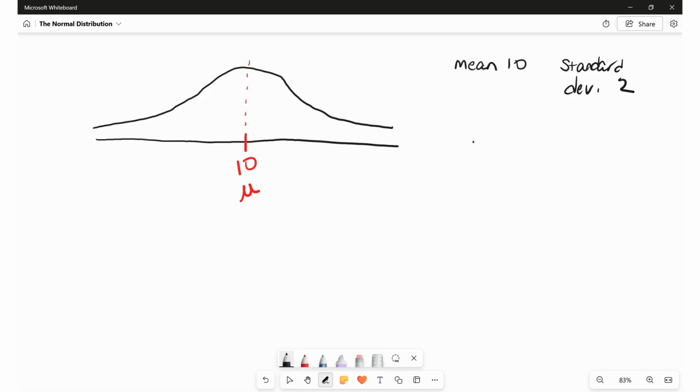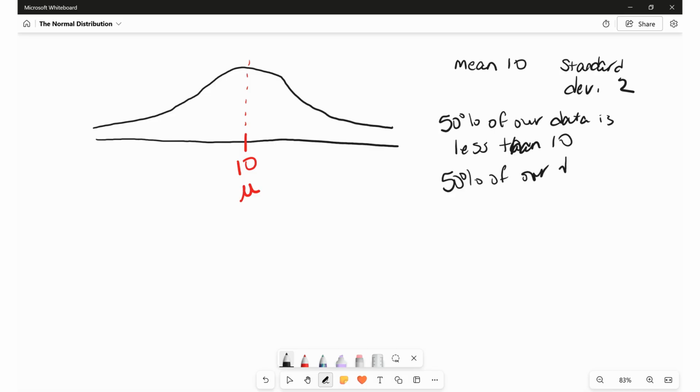And so a couple of things that we can tell right off the bat. 50% of our data is less than 10. And 50% of our data is greater than 10.